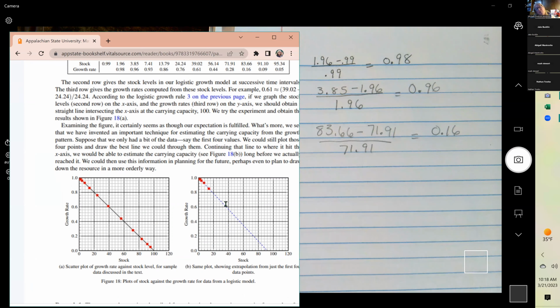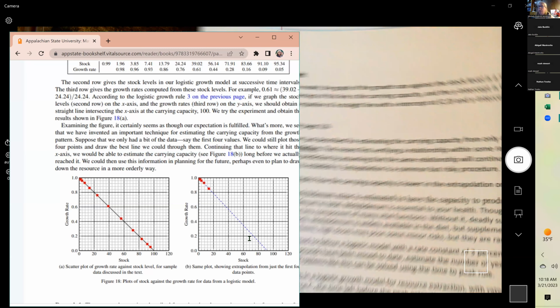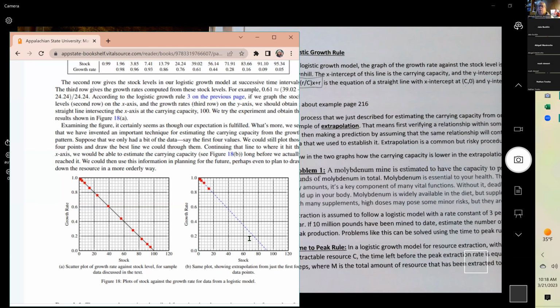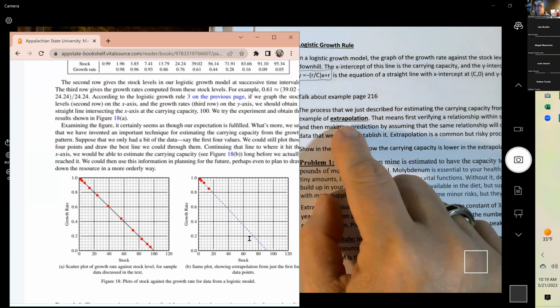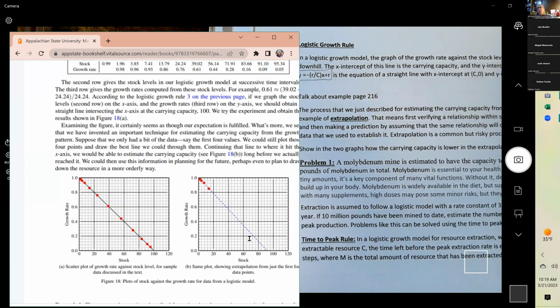When you go further out than your data, that's called extrapolation. There should be a definition right here. So we picked a certain few points, but extrapolation is when you're finding values that are outside of the data values you found, and they're not always as accurate. Notice this is hitting at 100 here.